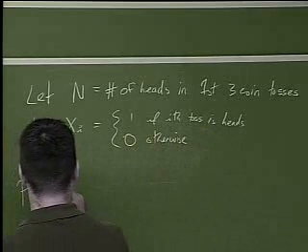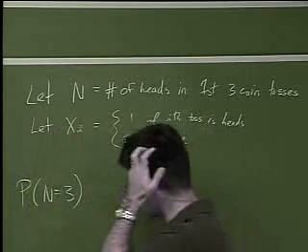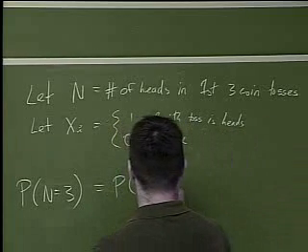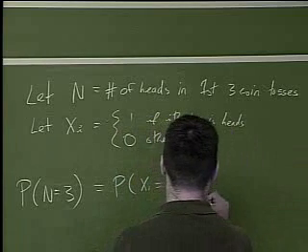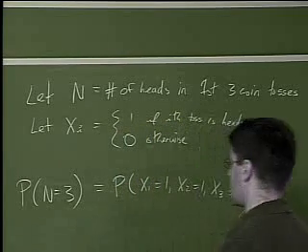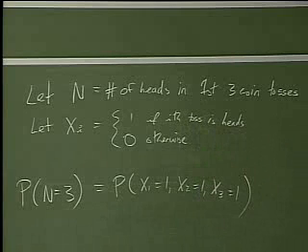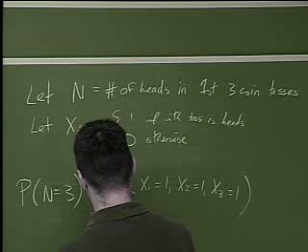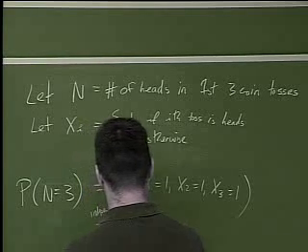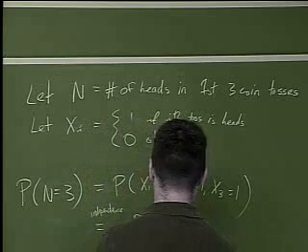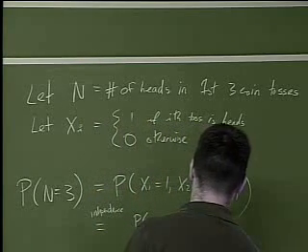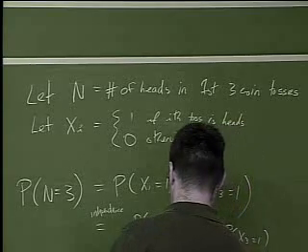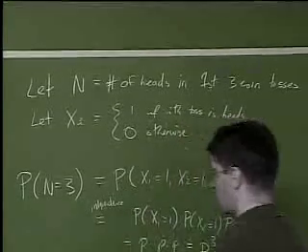Probability that n equals 3, okay, is the probability that x1 equals 1, x2 equals 1, x3 equals 1, right? And because it's independent tosses, we use that independence relation, and this just equals the probability that x1 equals 1 times the probability that x2 equals 1 times the probability that x3 equals 1, which is p times p times p, which is p cubed.